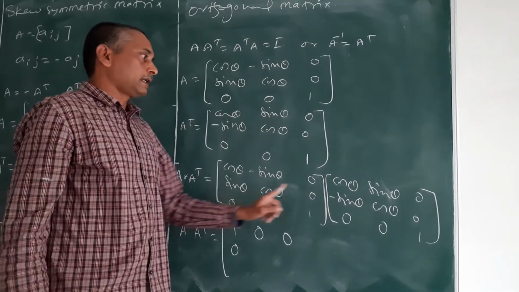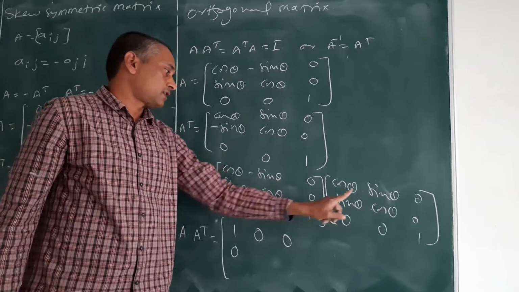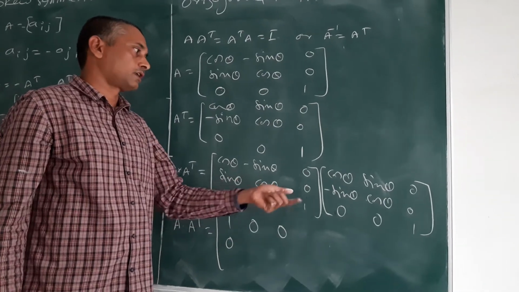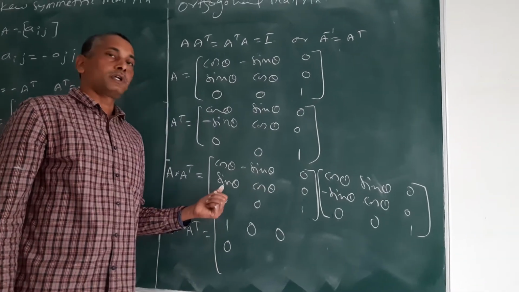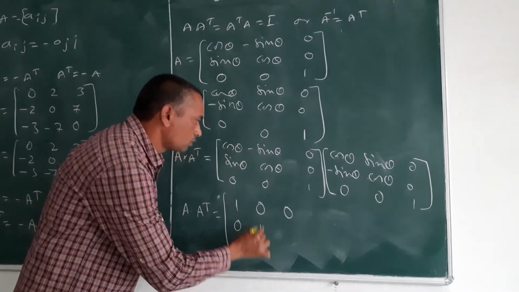Next, sin square theta plus cos square theta plus 0 into 0 equals sin square theta plus cos square theta, which is identity, so the output is 1.